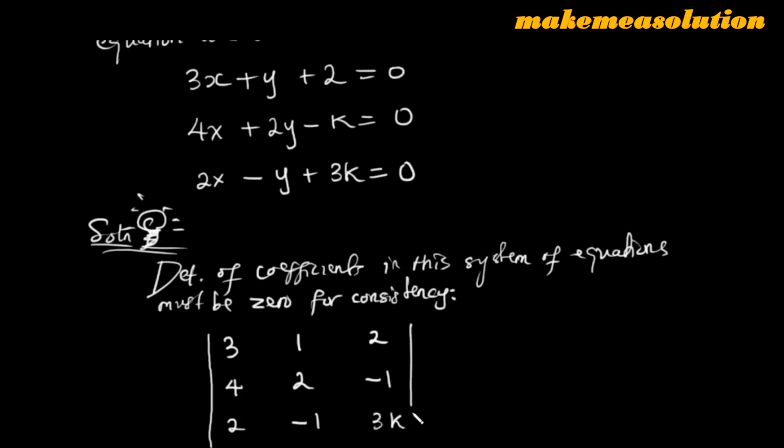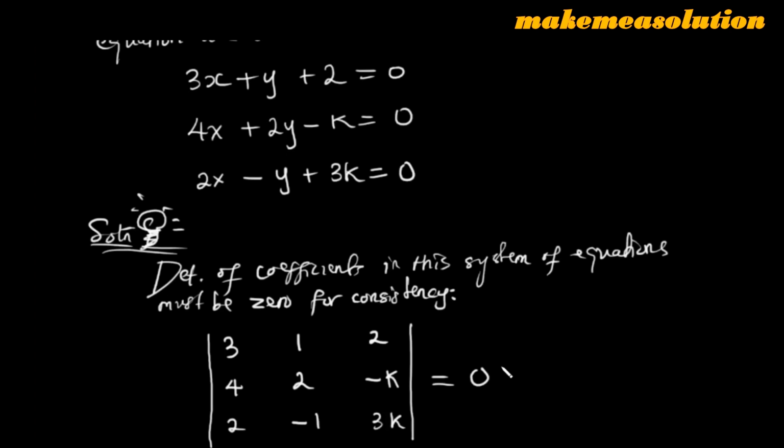So you want to evaluate this determinant and make sure that the value of this determinant is 0. This will enable us to determine the value of k for which this system is going to be consistent.